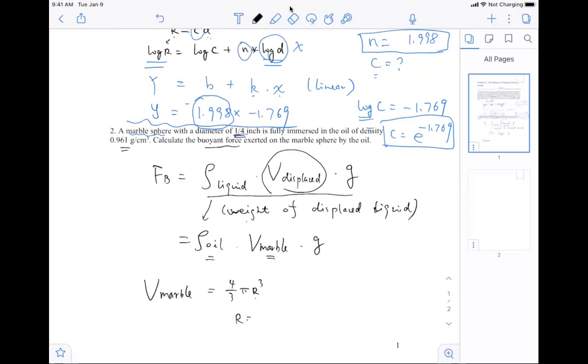The radius is 1/2 of the diameter, and that's 1/8 of an inch, right? And 1 inch is 2.54 centimeters. So you can calculate what the radius is and plug it into your equation to find the volume, and you can find the buoyant force.